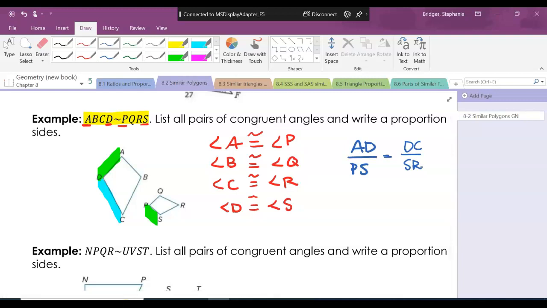Do exactly the same thing. List all of the congruent angles and then give me one proportion of sides. Listing all of our congruent angles based off of your similarity statement for that second example. And then you're going to write a proportion of sides, just like we did for the first one.